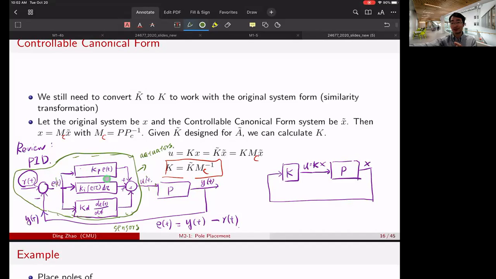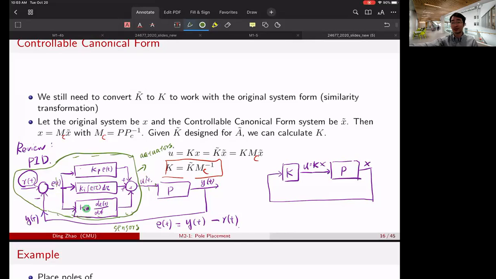So that's why we have integral, so that you can integrate things, so that when you are close to R, you still have your history. That's a debt you need to pay back to drag the system to R. However, this debt could be too heavy sometimes, so you need to predict into the future. That's your derivative of E, with a gain of KD.